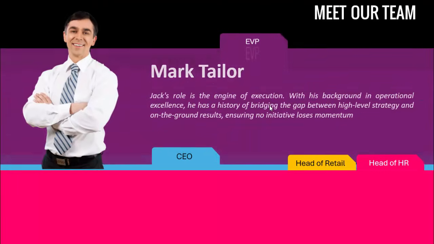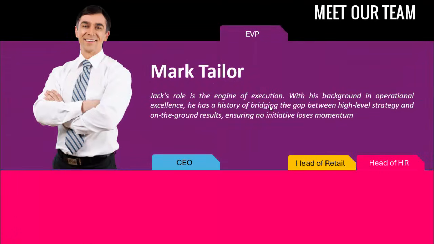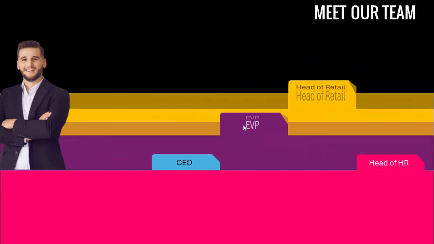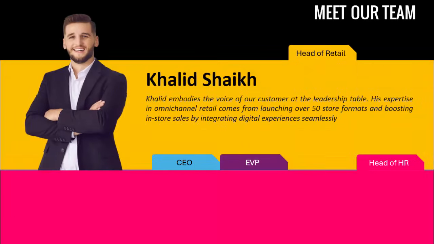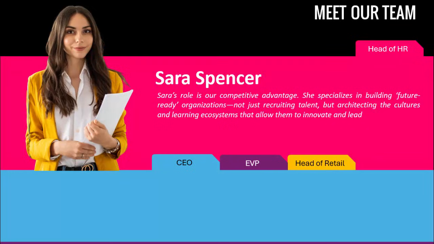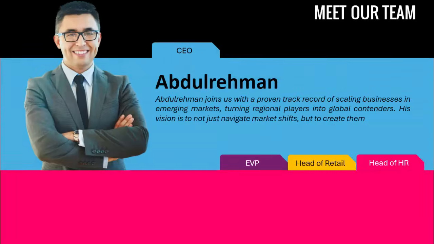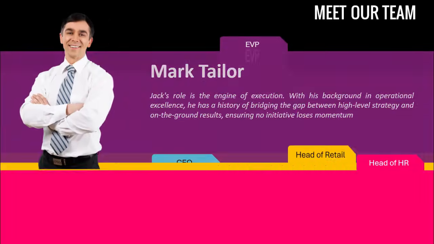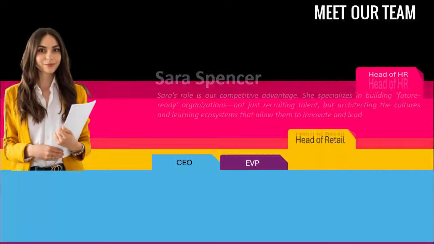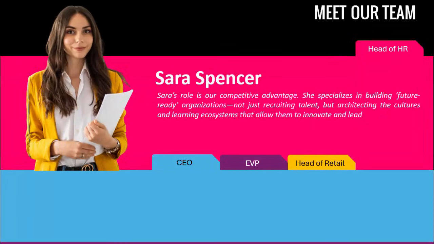Then when I click, the EVP information comes, the name and some details about that one. Then head of retail and head of HR. So depending on the information, you can add or increase or decrease the employee details here. So it's a very smooth and professional looking presentation.